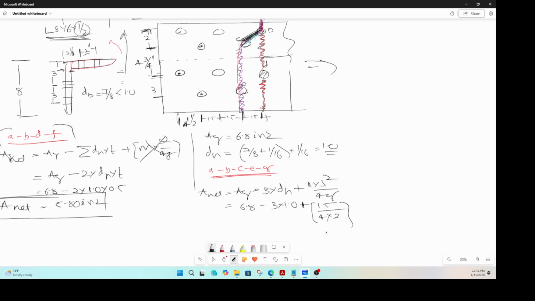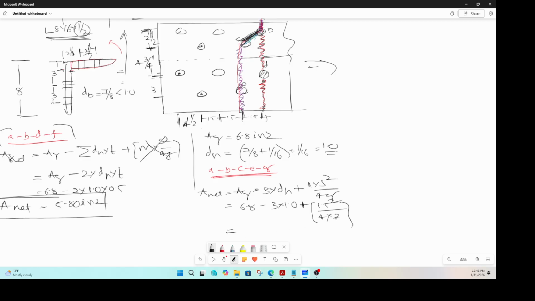Let's calculate that and see how much we get. 6.8 minus 3 plus 1.5 squared divided by 4 times g, which is 2. Sorry, this is 2 and a half here, and that is 2 and a half.